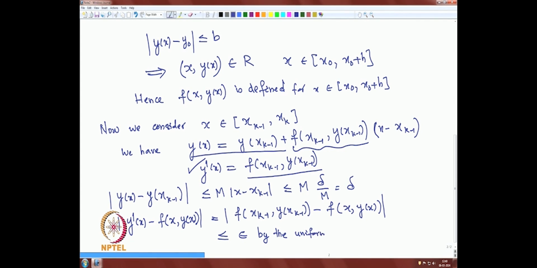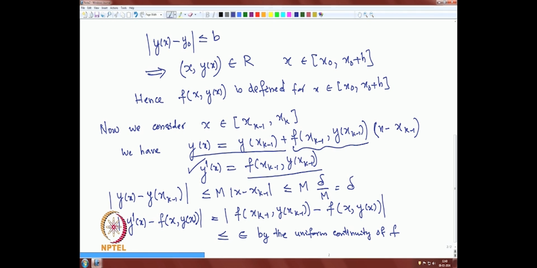So, whenever the difference between x_{k-1} and x is less than delta, and the difference between y(x_{k-1}) and y(x) is less than delta, this difference is less than epsilon by the uniform continuity of f.